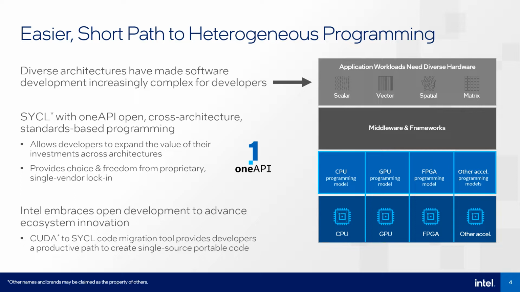SYCL is an open alternative to single-architecture proprietary programming technologies. SYCL extends C++ in the way that C++ was intended to be extended, to offer multi-architecture support and disjoint memory configurations.